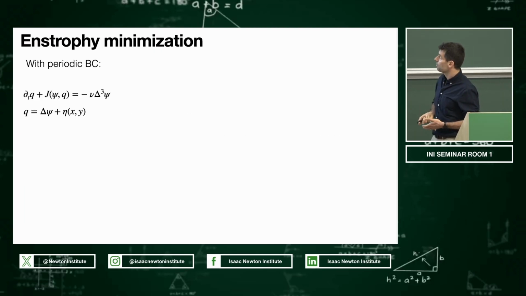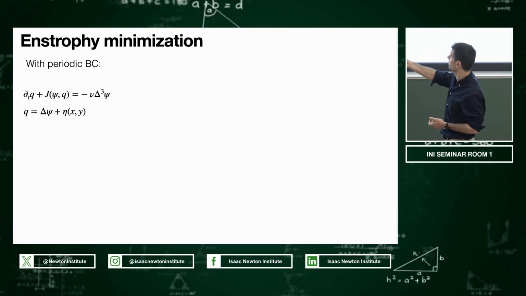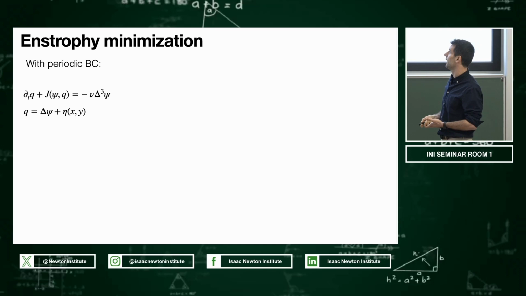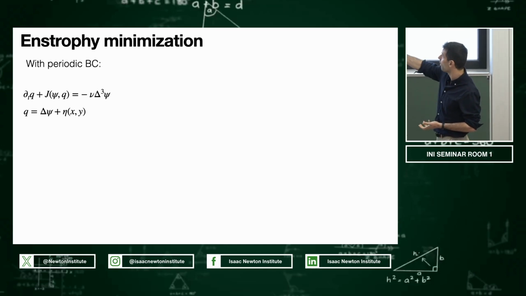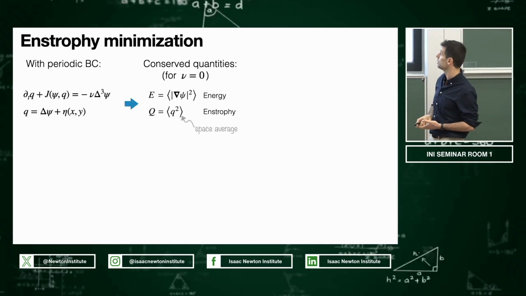All right, so for the problem at stake here, this boils down to entropy minimization. So this is the set of equations, right? Material conservation of this potential vorticity Q, which is Laplacian of psi plus the topography eta. And I've included a very small hyper-diffusive term here. Okay, so if nu equals 0, there are two conserved quantities for this system, right?